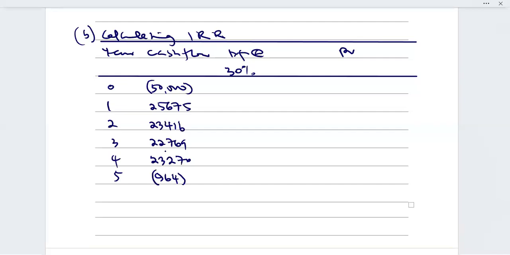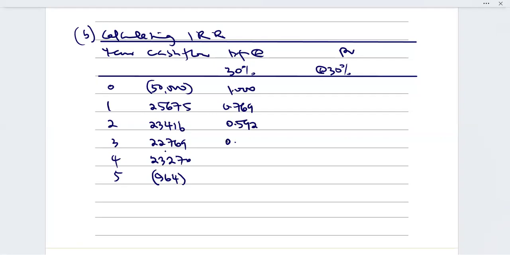So let's calculate the discount factor at 30%. Year 1, 0.769. Year 2, 0.592.